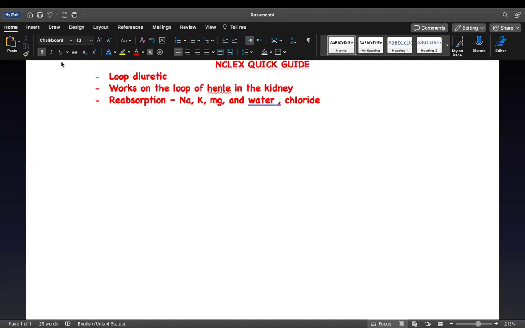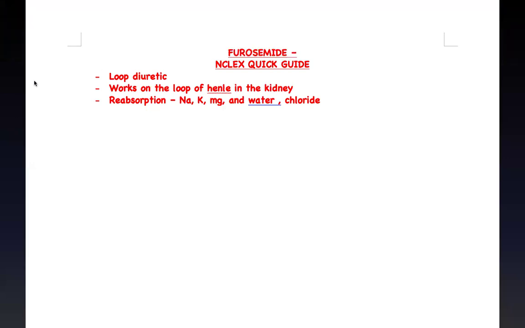If you remember your nursing school lectures, this is something we call Bowman's capsule. This is the nephron. The nephron has a Bowman's capsule, and the capsule basically has a glomerulus that comes in with the afferent arteriole.